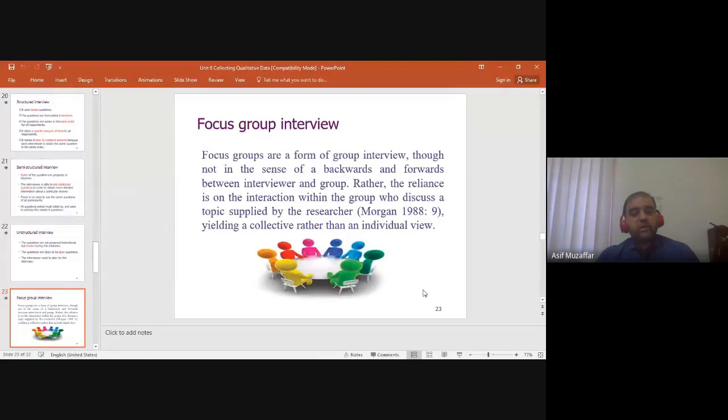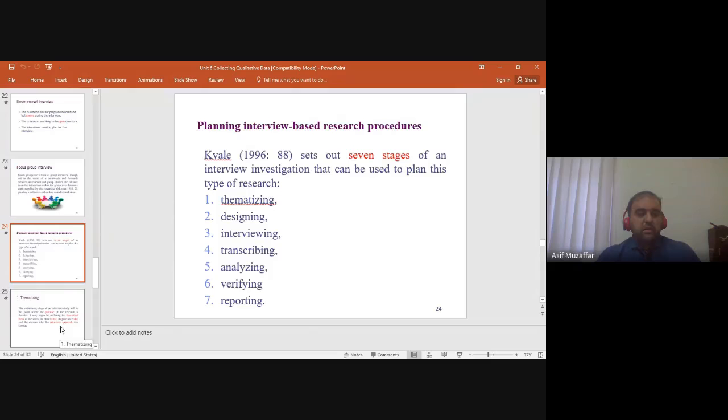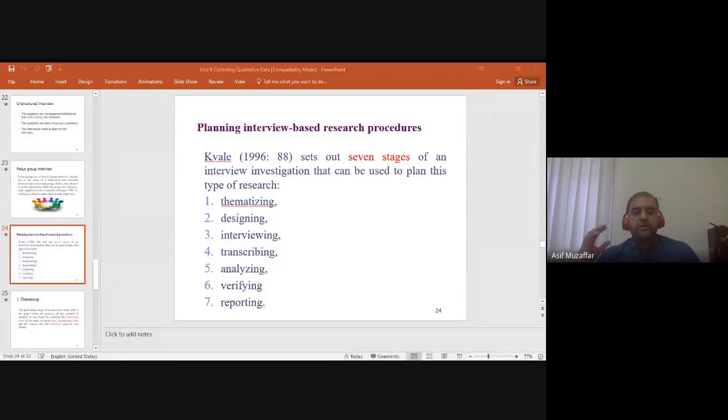So interaction comes, and the collective view will be there rather than the individual view. Do you get the difference between the 4 types of interviews? The last one is actually a focus group, which is very common as well.